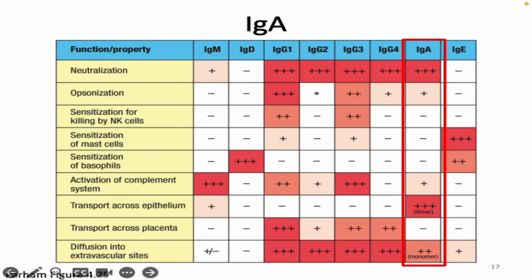So you can see that IgA is really good at neutralization. Yay. But IgA also is important and stands out because of its anatomic locations, which are shown here at the bottom.